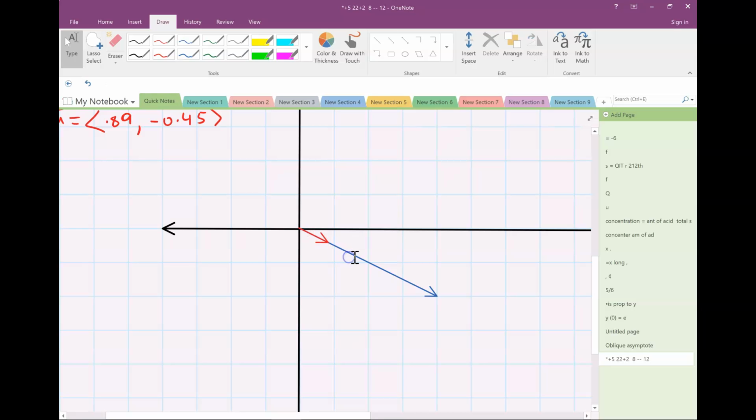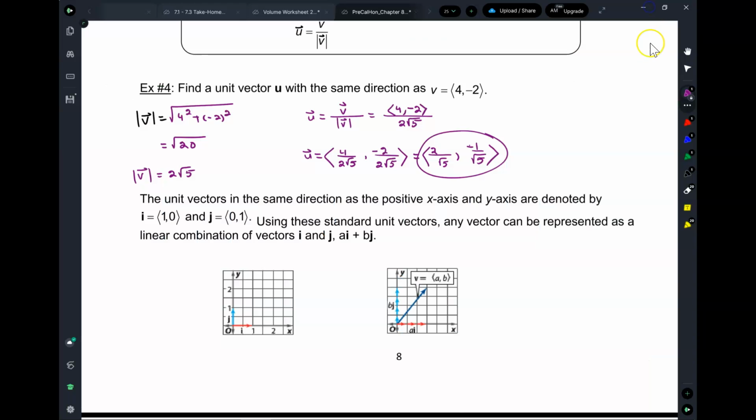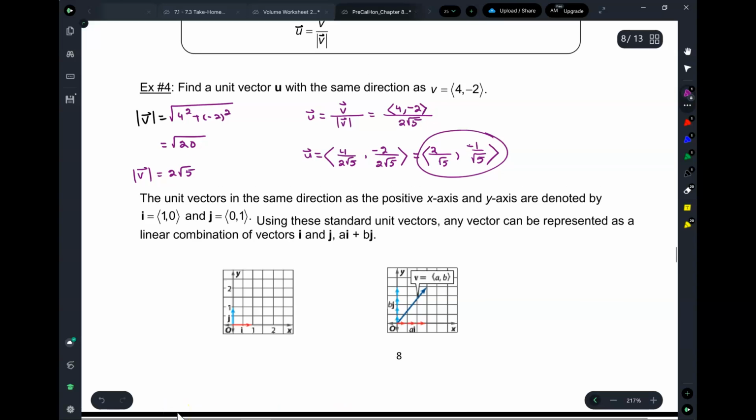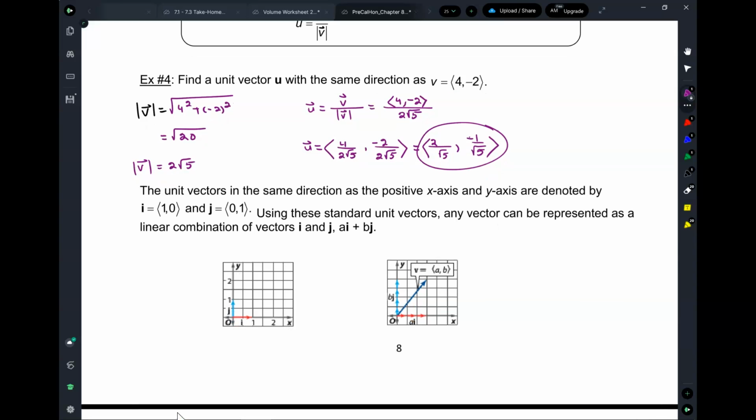But now, if I were to take a vector that has a magnitude of 1, a unit vector, if it was purely horizontal, or purely vertical, so if I had a unit vector in the same direction as the x-axis and the y-axis, those are special VIP unit vectors.